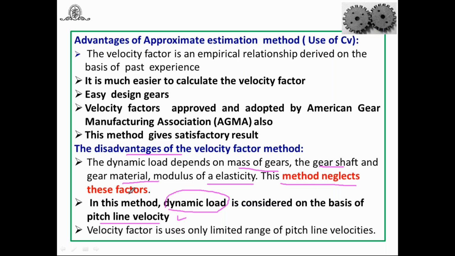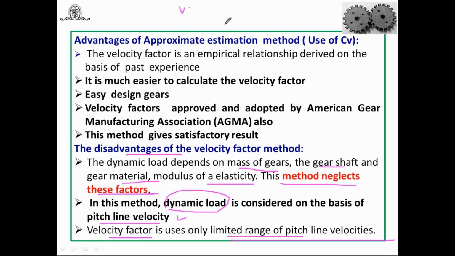But this method neglects all these factors. This is the limitation. And the second limitation is that these velocity factors are applicable to a limited range of pitch velocity. I have told you, when velocity is less than 10, greater than 10 to 20, from 20 to 25, 25 to 30, or more than 30.